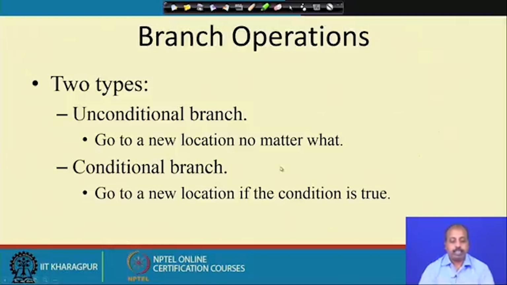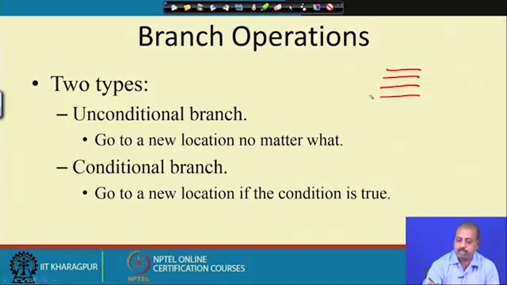Then we have another class of operation, which is the branch operation. Branch operations are for transferring control from one memory location to some other memory location. At present the program is executing at some point, and suppose these are the program lines. Now, the system is executing this particular instruction, and it is expected that the next instruction will be this one.